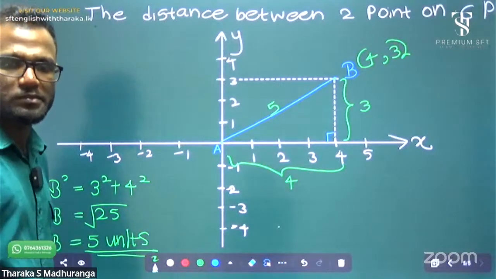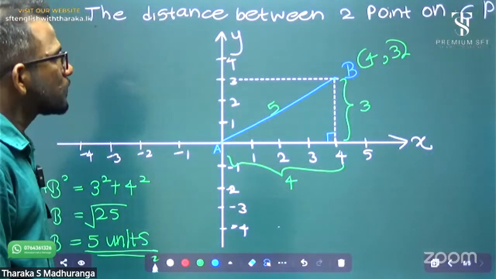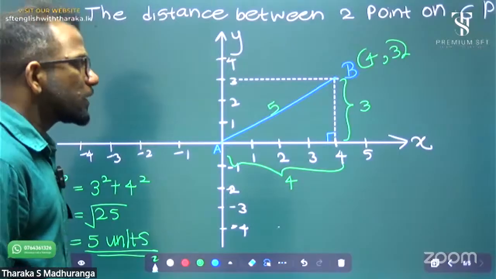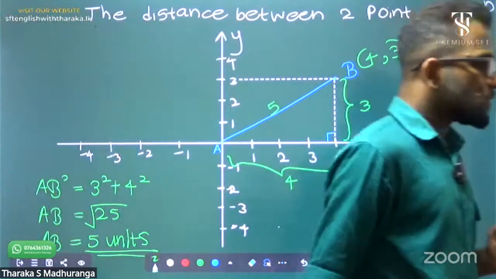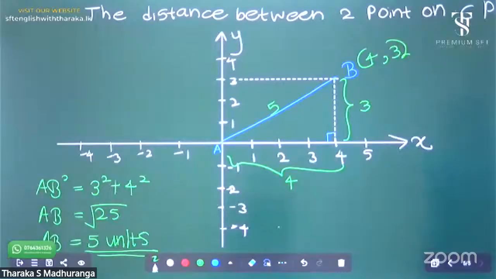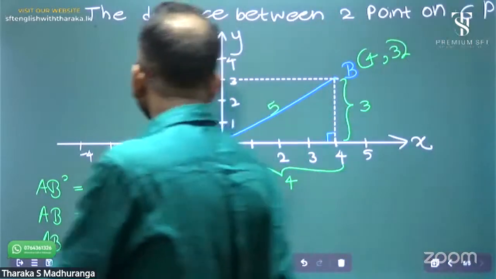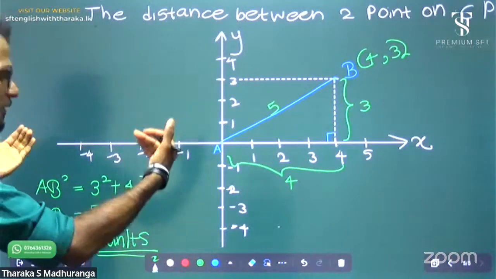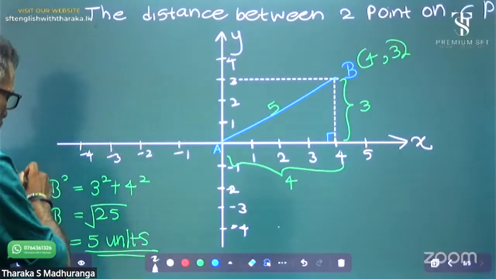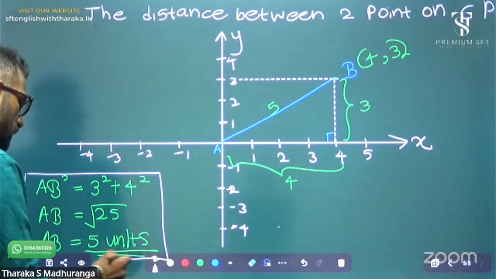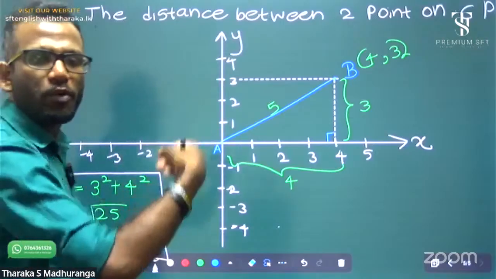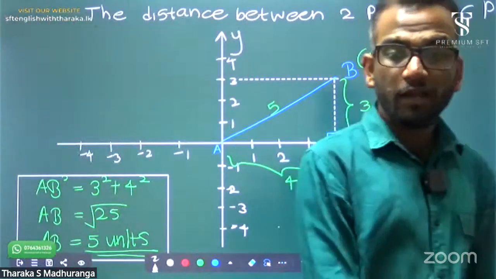Now, this is a method. You can use the basic Pythagoras theorem concept to find the length or distance between any 2 points on the Cartesian plane.